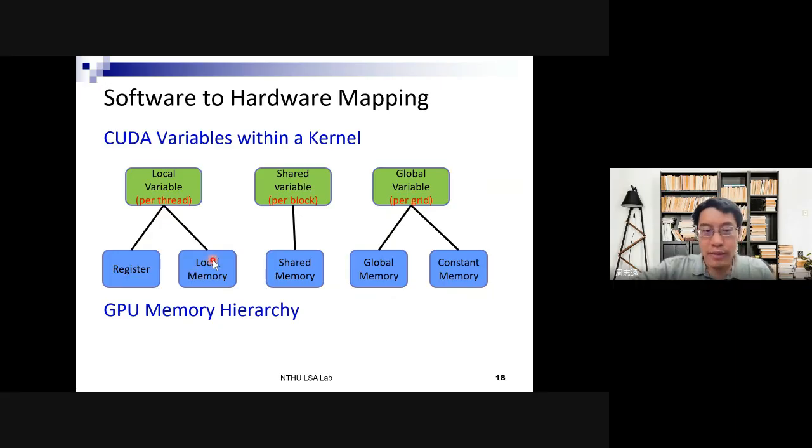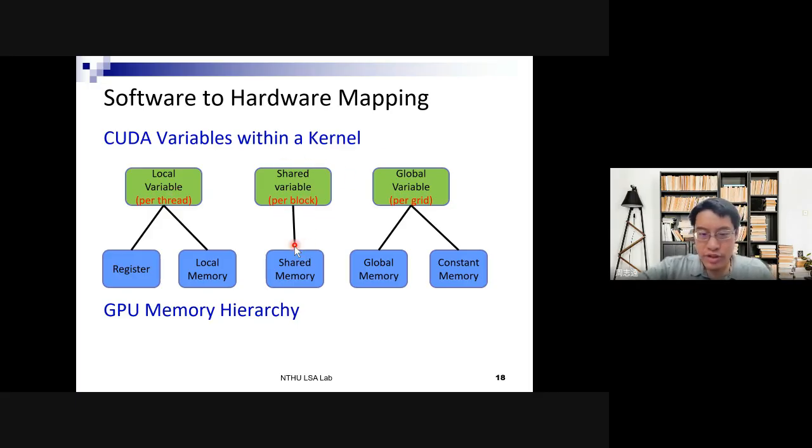Of course, the compiler will try to use the registers first. So the compiler will do the address binding, and it will try to bind those local variables to registers. And if you run out of registers, then it will do the address binding to some address on the global memory. But because it stores the local variables, the global memory that stores the local variables is called the local memory.